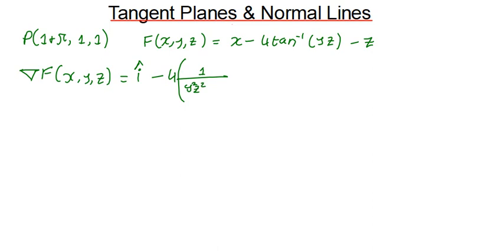But in this case I multiply by the derivative of that with respect to y, of which I get a z, since we treated z as a constant. So it's plus 1 over y squared z squared plus 1. Then the derivative with respect to z gives a y. So minus, and the derivative of that gives k.